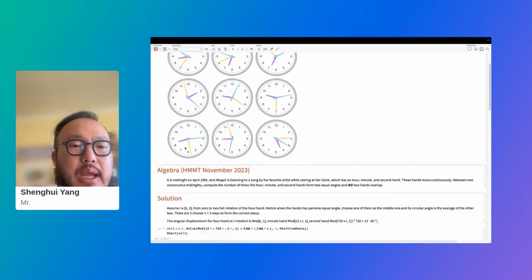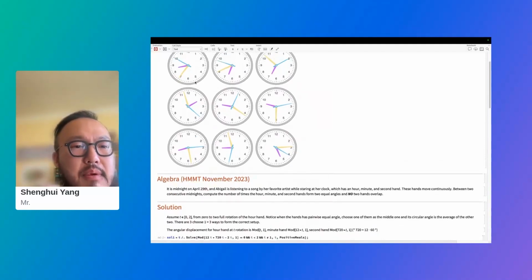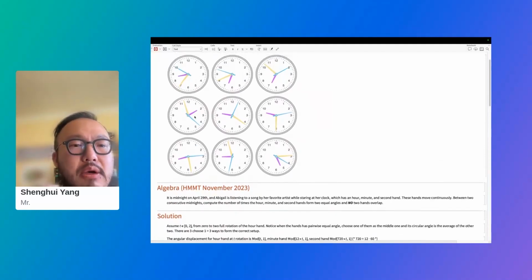So what kind of 3 cases? If a hand divides the angle formed by the other 2 hands, you have 3 options. Sometimes you think maybe like 6, but 3 is enough. Think about it. So 2, 3, 4 forms a kind of arithmetic progression: 3 minus 2 equals 4 minus 3.